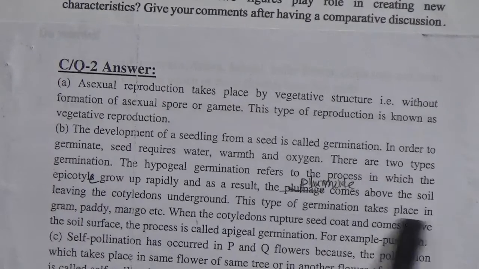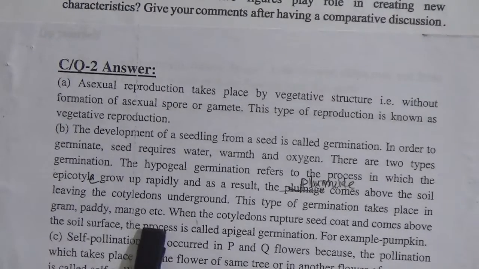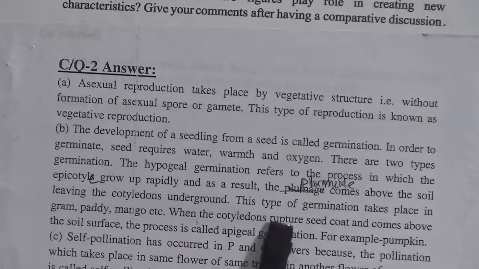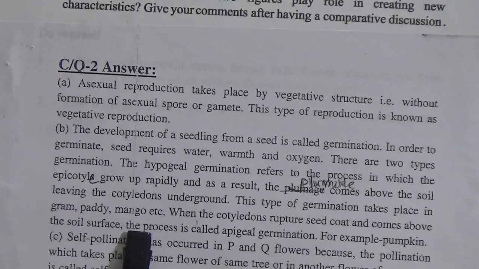This type of germination takes place in gram, paddy, mango. And when the cotyledons rupture the seed coat and come above the soil surface, the process is called epigeal germination. An example is pumpkin. And now come to the next question's answer.